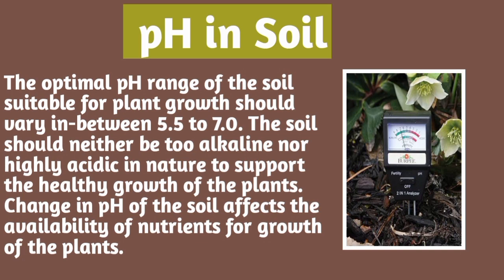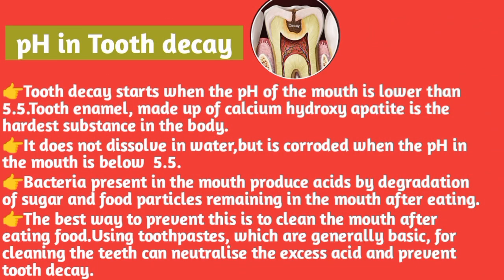And next, coming to another very important pH in our daily life, pH in tooth decay. Tooth decay starts when the pH of the mouth is lower than 5.5. Tooth enamel, made up of calcium hydroxyapatite, is the hardest substance in our body. It does not dissolve in water but it is corroded when the pH in the mouth is below 5.5.